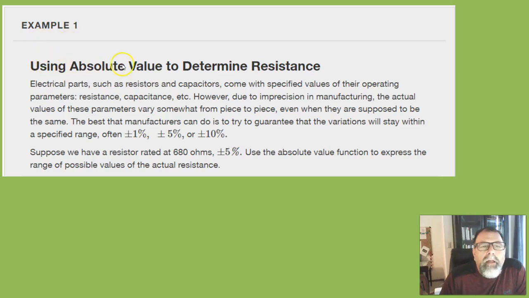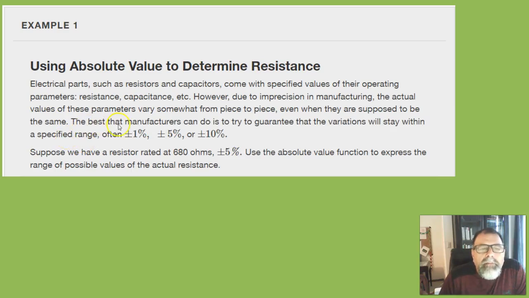Example 1, using absolute value to determine resistance. Electronic parts, such as resistors and capacitors, come with specified values of their operating parameters, resistance, capacitance, etc. However, due to imprecision in manufacturing, the actual values of these parameters vary somewhat from piece to piece, even when they're supposed to be the same.